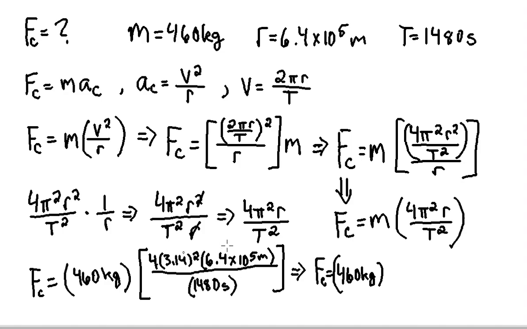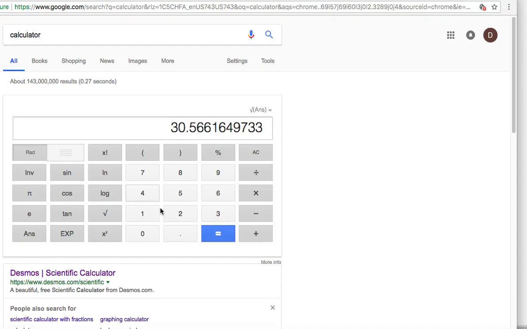Now let's deal with this numerator. It's not that bad. So 4 times 3.14 squared times 6.4 times 10 to the 5. Let's just plug this into the calculator as we go through.